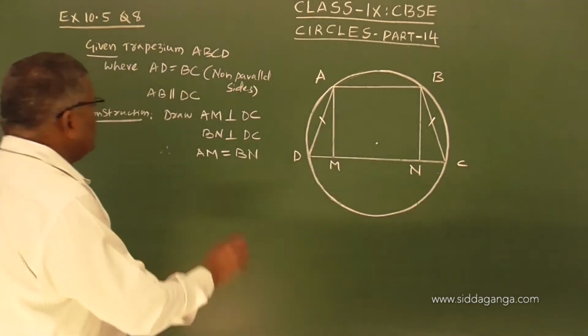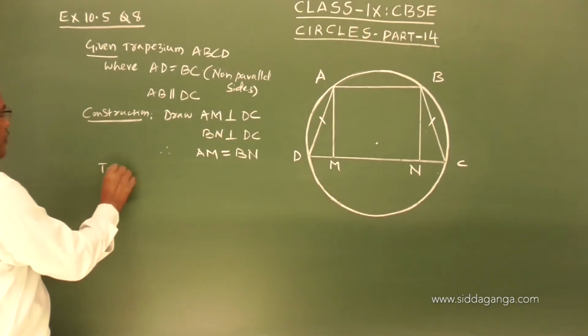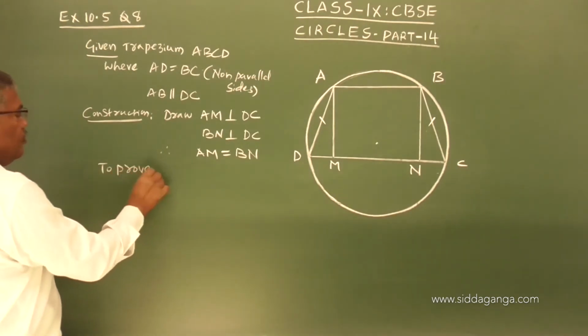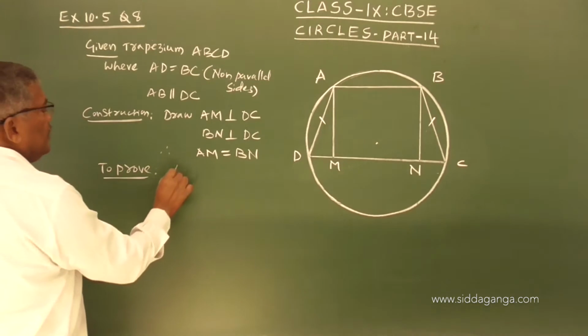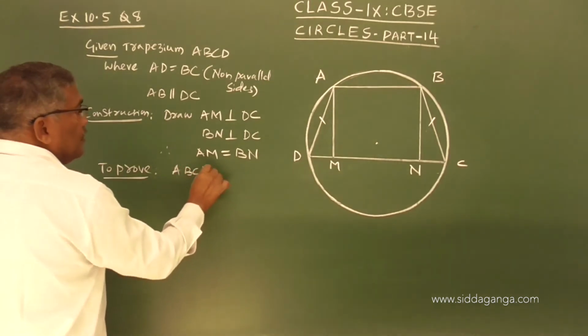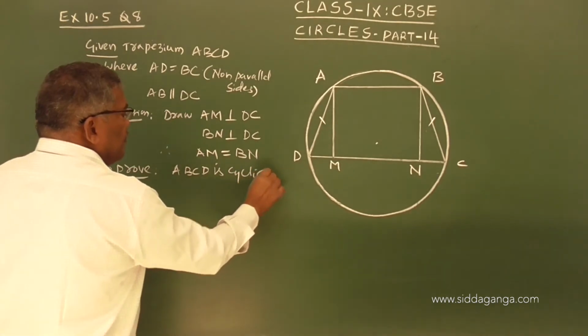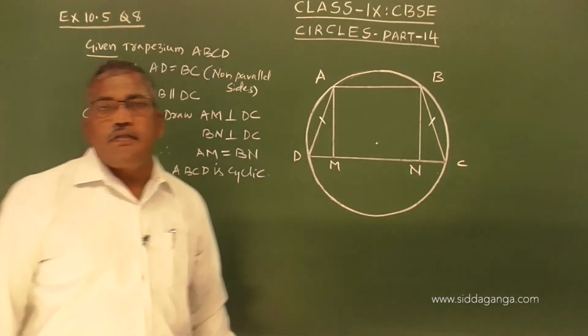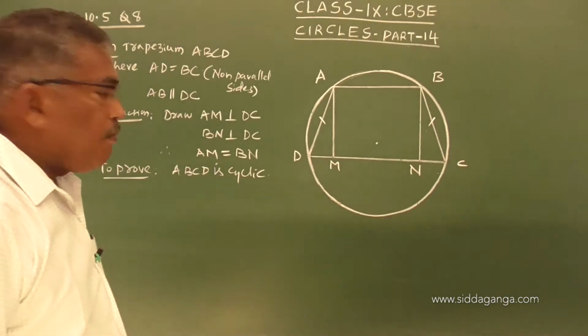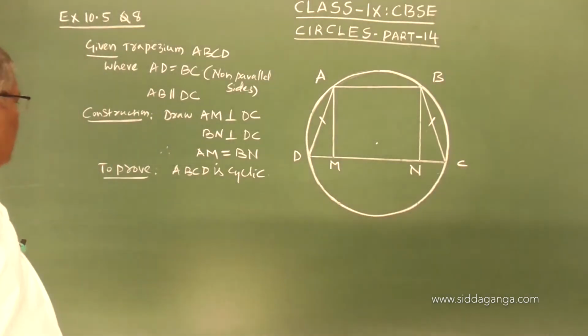Now, with this, to prove ABCD is cyclic. ABCD is cyclic. This is what we have to prove. Now, proof.